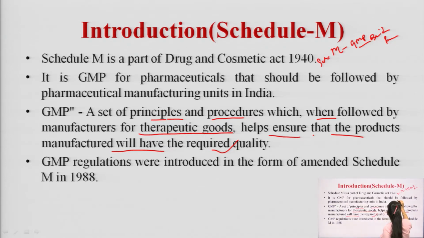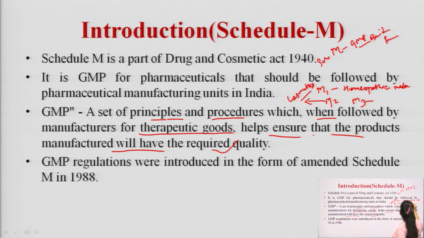And Schedule M has 3 types, M1, M2 and M3, whereas M1 is the requirement of factory for the manufacturing of homeopathic medicines, M2 is for cosmetics, and M3 is the requirement of factory for the preparation of medical devices.